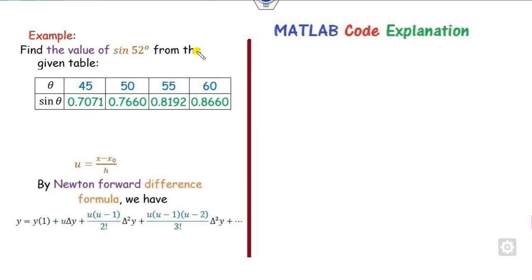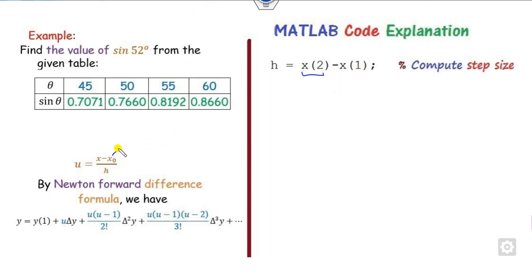Now the second step is you have to define the value of u and write this formula. That's again very simple, one line. In order to define this, we first need the value of h. So I can define h as x2 minus x1. You need the value of x0, so I can consider x0 as the first value, x of 1. What is the small x?